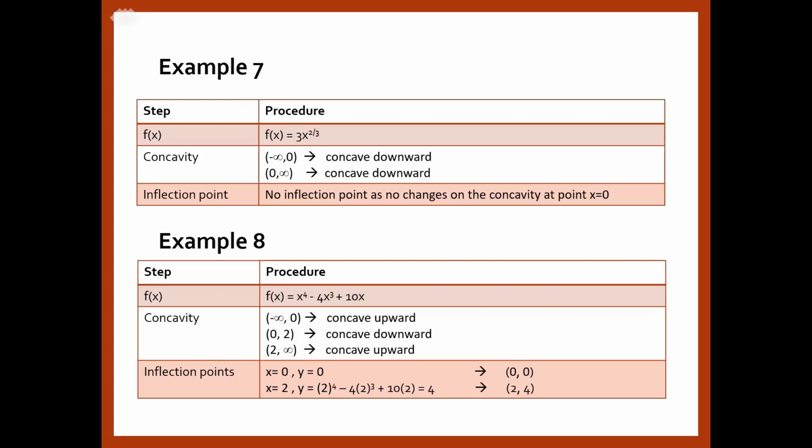As for example 8, the concavity changes at 2 points, which are x equal to 0 and x equal to 2. Substitute these two x values into f of x, you should get two inflection points, which are (0, 0) and (2, 4).